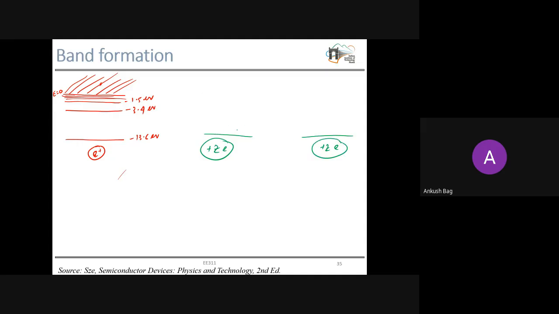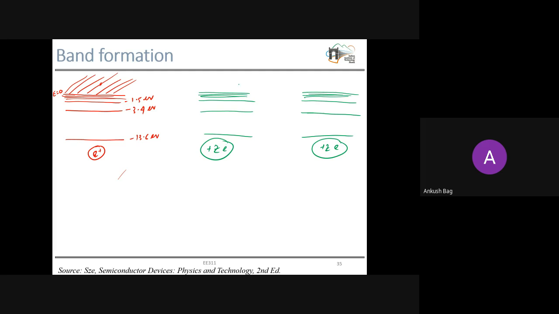So these many protons are there in the nucleus, and once again we will have these discrete energy levels, and a lot of other energy levels. Similarly, another atom will have the same, similar to this individual single atom, with atomic number Z.